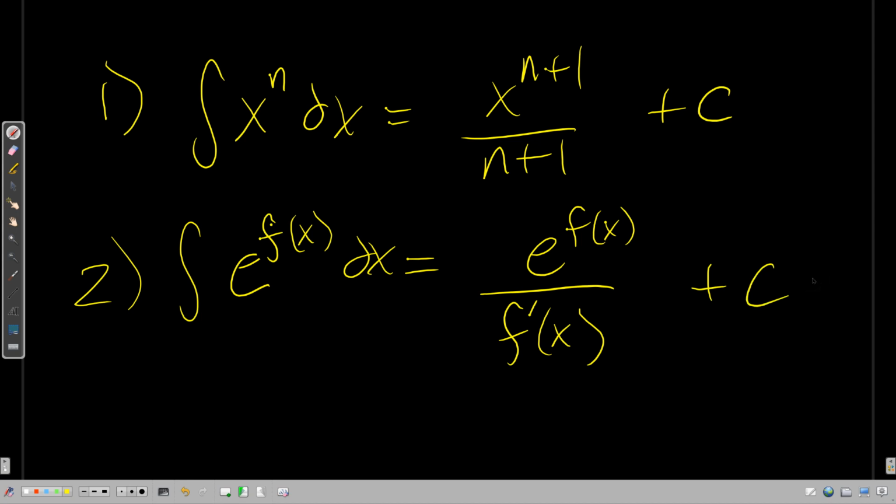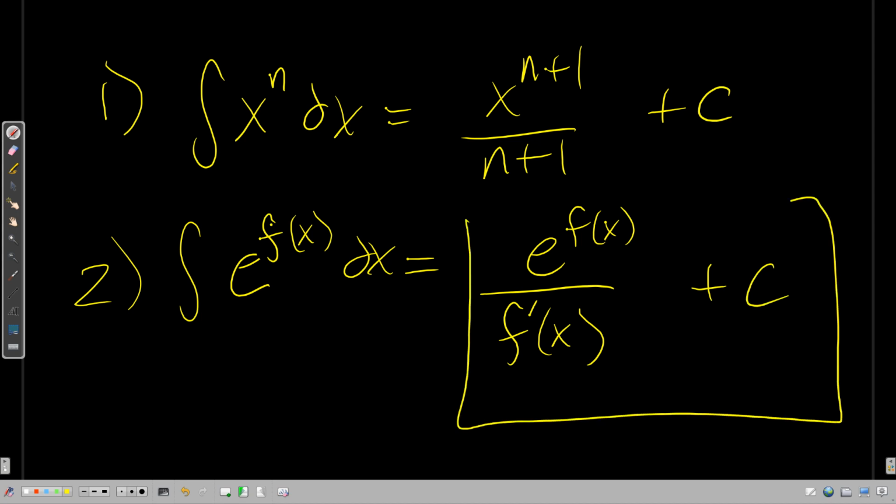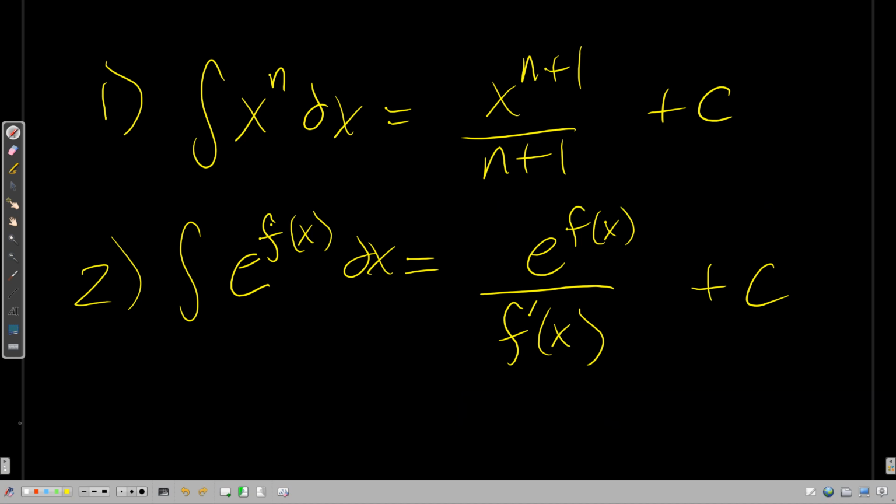This must be the antiderivative, because if you took the derivative of this, you would just get e to the f of x. To make this even more general, it doesn't have to be e, it can be any constant. Well, no, I better change that, because then you need natural log. I don't want to talk about that. So we'll just leave it at e.